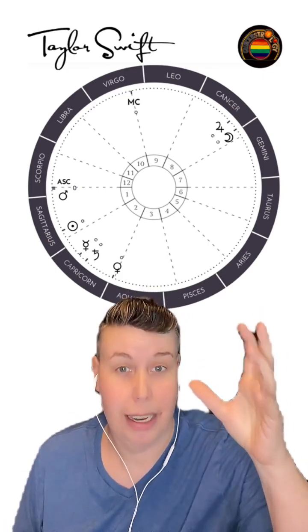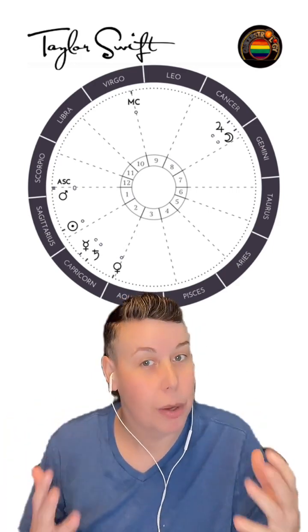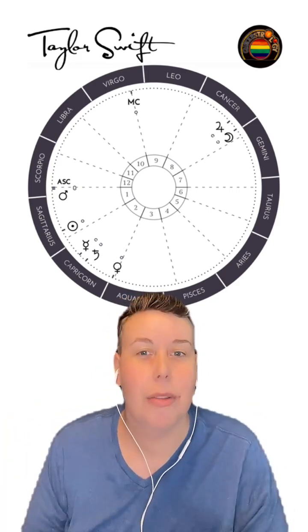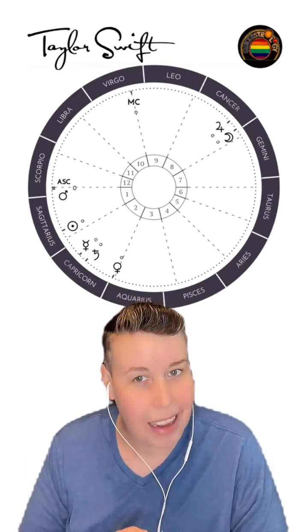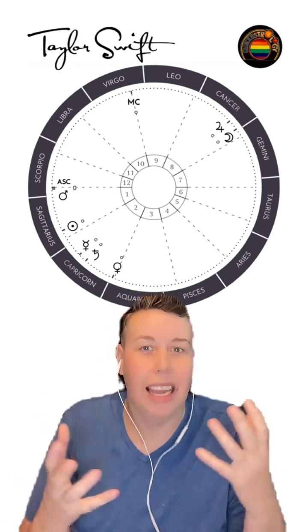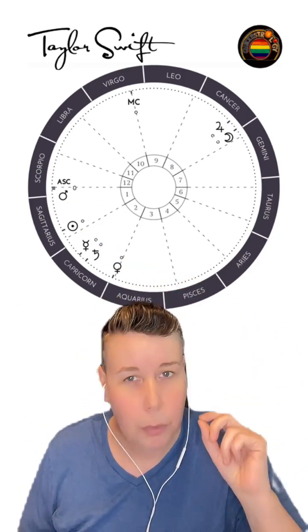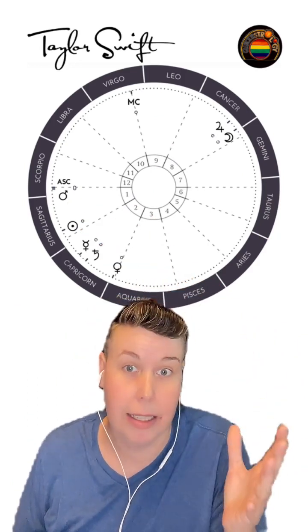Now, this is Taylor Swift's natal chart, and a natal chart is a snapshot of the sky at the moment that you were born. That's why we need to know the location and the time, because then we can get a better idea of what the snapshot is. Out here on the outside edge, you'll see all 12 of the signs. These are the constellations.